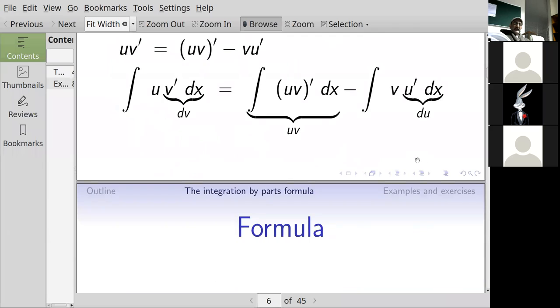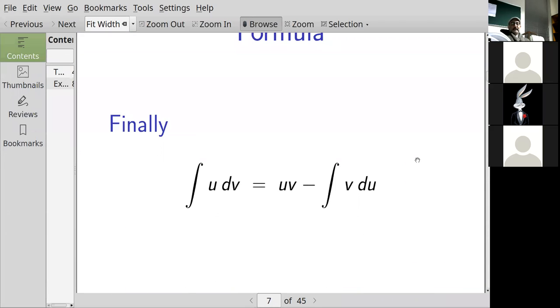Okay. All right. So if you see u, some function of x, times the differential of another function, v, then that's equal to uv minus integral of v du.